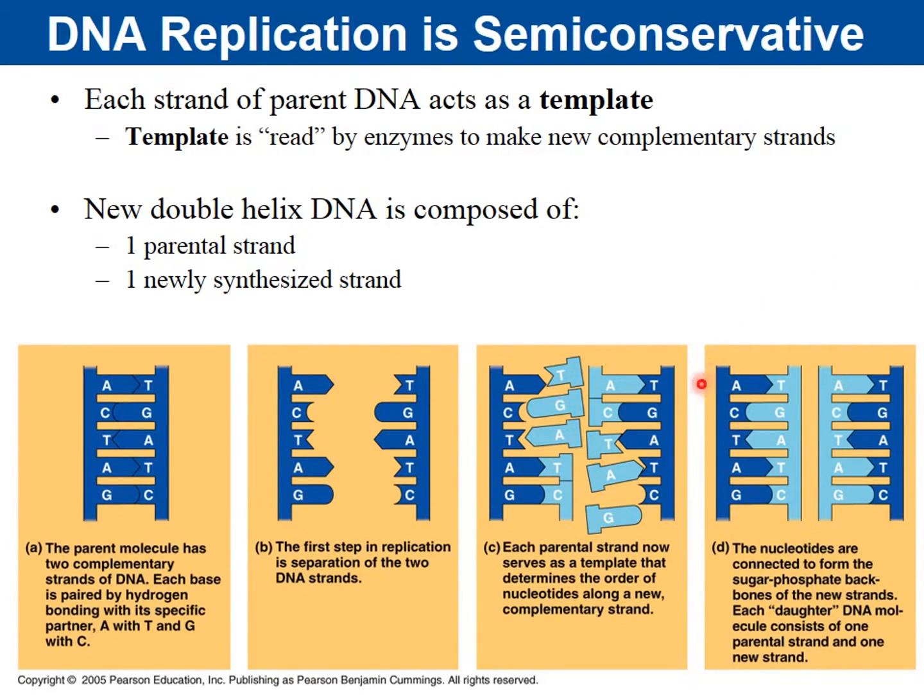And so what you get when DNA replication is finished is two DNA molecules, and each double helix is made up of one original parental strand, that's the darker blue, and one newly synthesized DNA strand, that's the lighter blue that you see. And so this is semi-conservative. You're conserving the parental, but you're also adding a new strand to it.